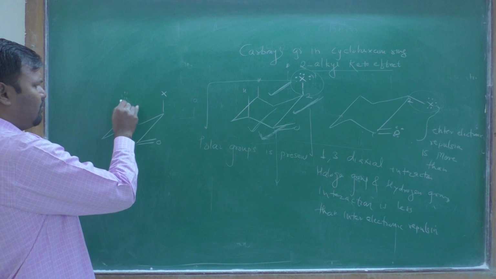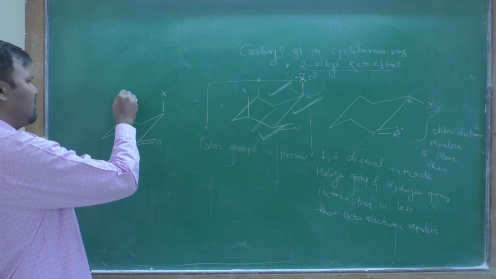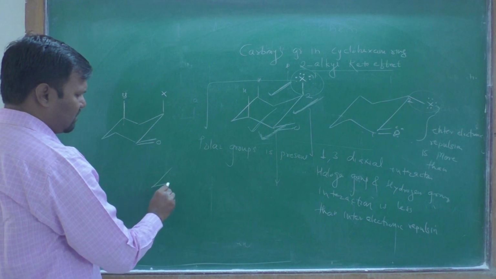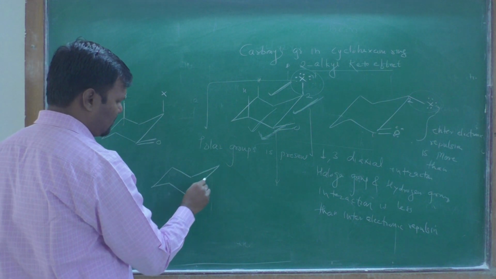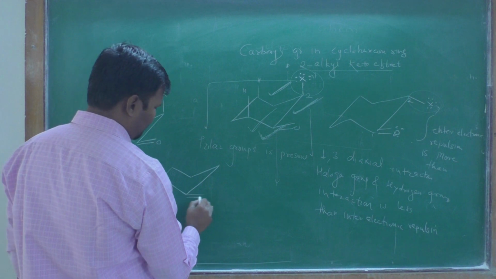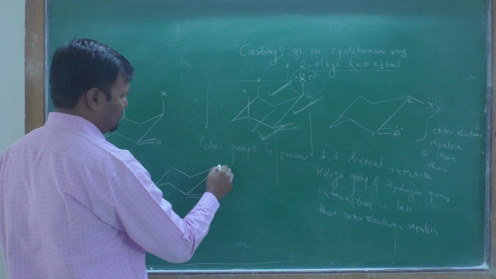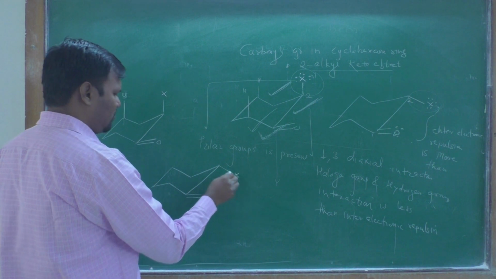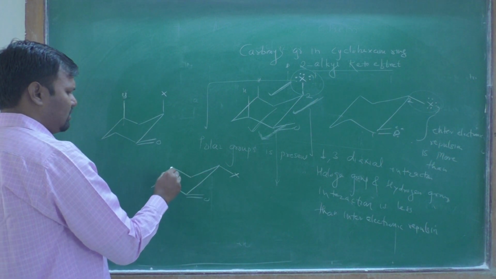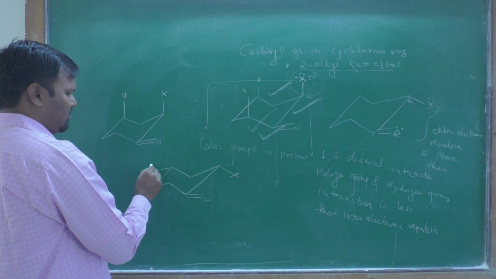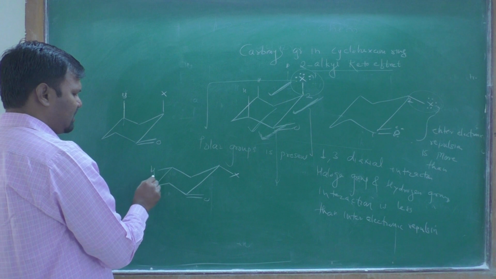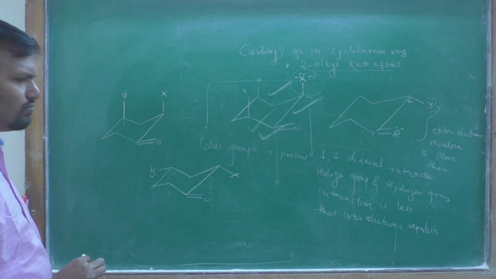Suppose we name the other group Y. In the second case, Y is at the equatorial position, and the 1, 2, 3 positions have hydrogen.